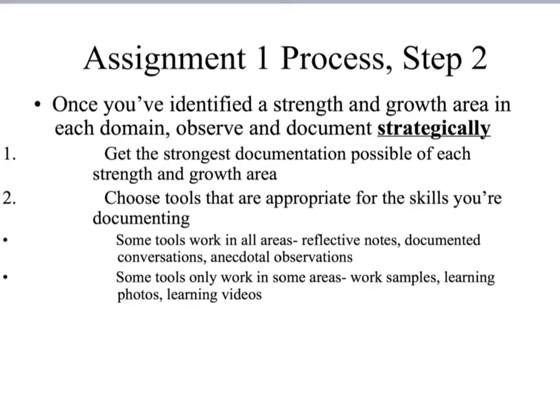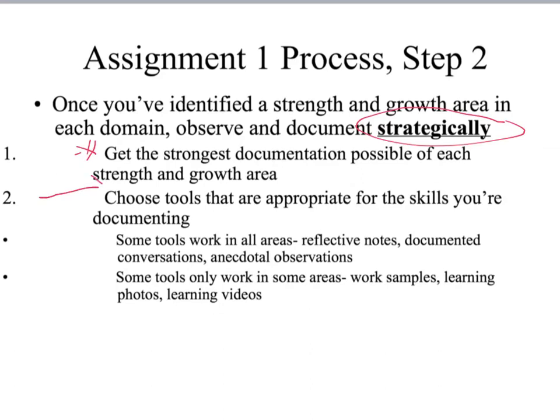So, once you know your strengths and growth areas for your focus student, you can observe and document strategically. What I mean by that is try to look for circumstances in which your focus student is demonstrating their strengths or demonstrating their growth areas, and try to capture what they're doing. Do what you can to get the strongest documentation possible of each strength and each growth area.